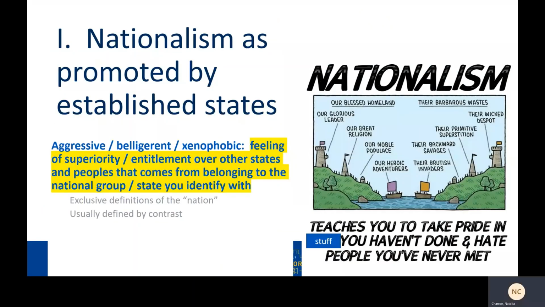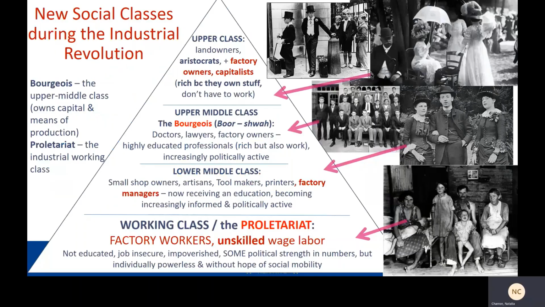We're going to look at this version of nationalism first. Nationalism as promoted by established states, the superiority kind, the feeling like you are better than others because of the state that you belong in. Because the history of this version of aggressive nationalism really starts in the Industrial Revolution.